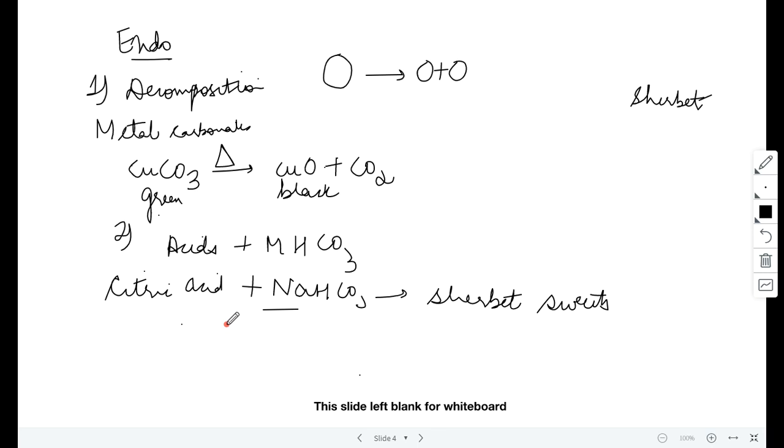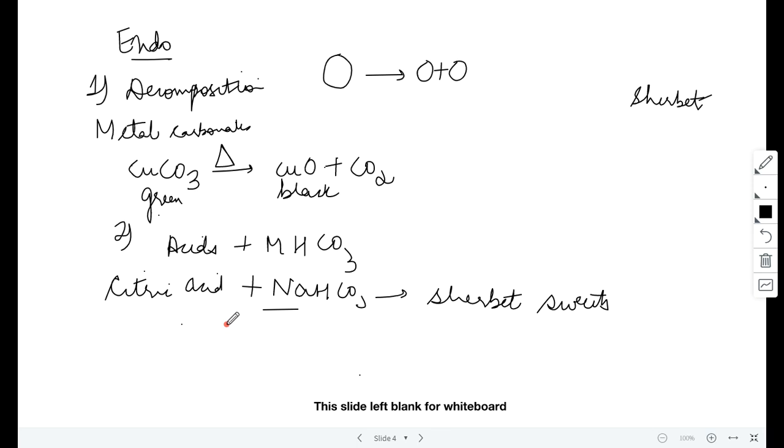And what about the endothermic? The thermal decomposition reaction, the sports injury pack, and when the acids react with the metal carbonates, right?